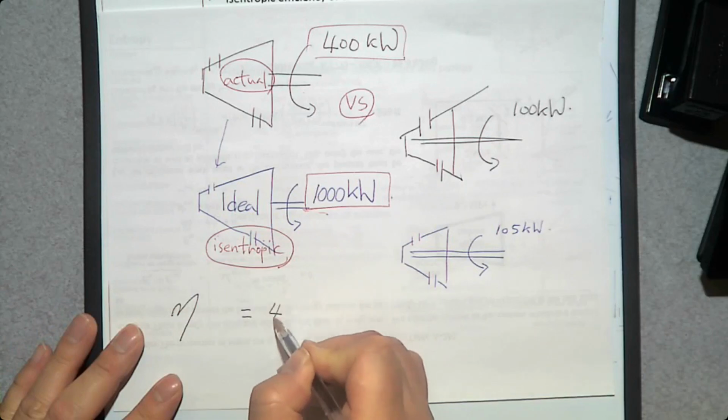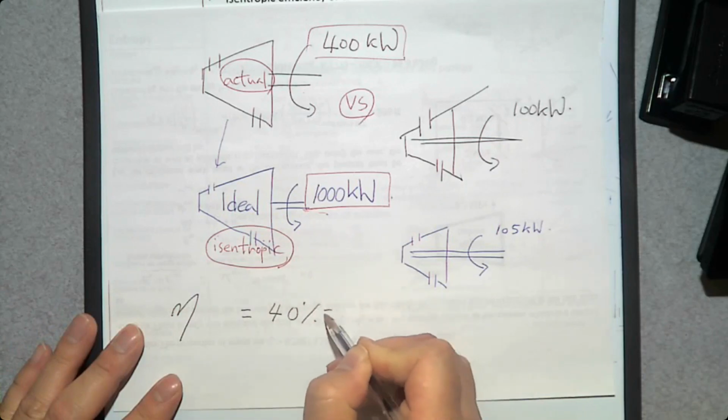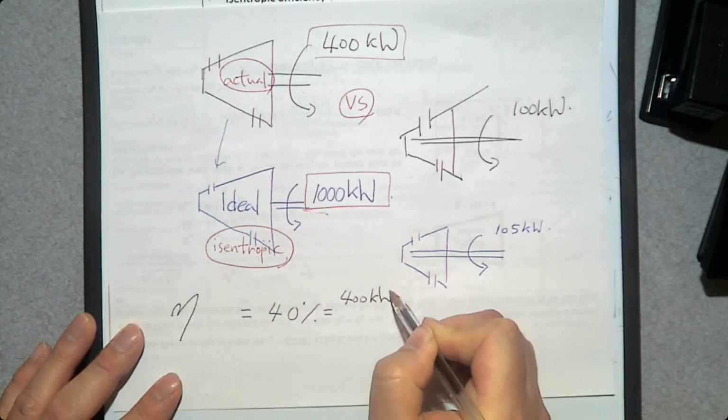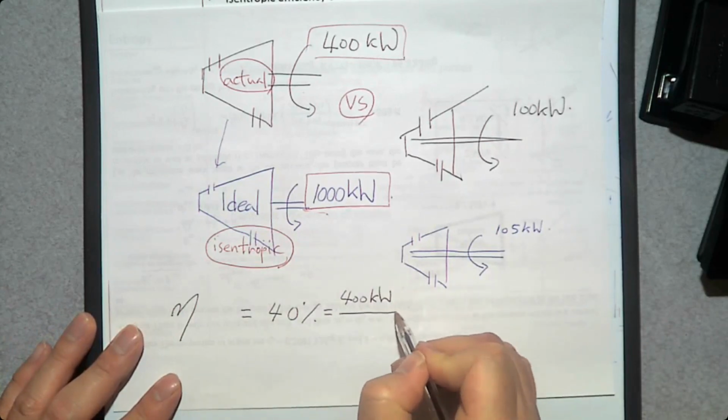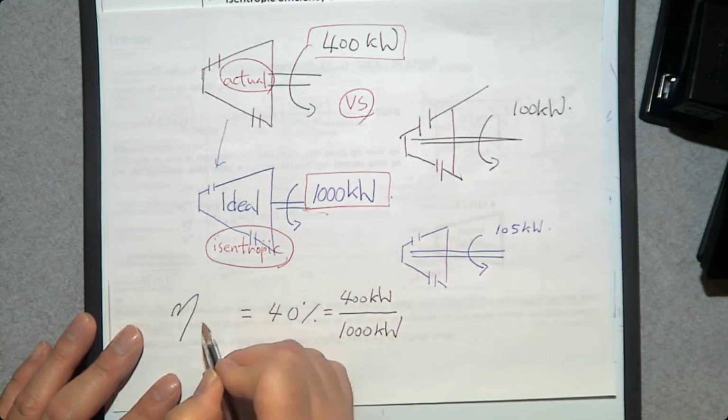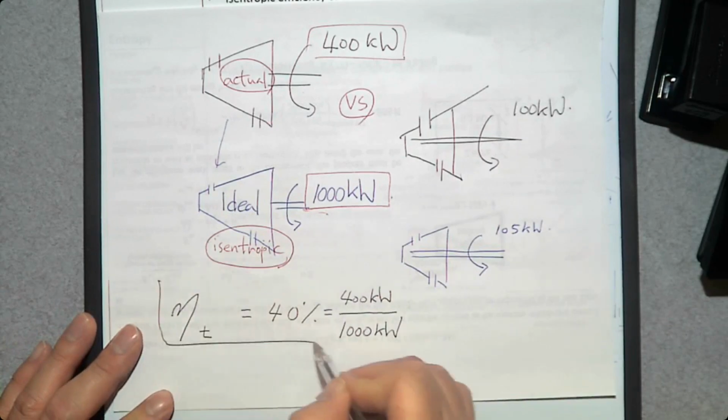Only 40%. The power produced by the actual turbine divided by the power produced by the isentropic turbine is called the isentropic efficiency of the turbine.